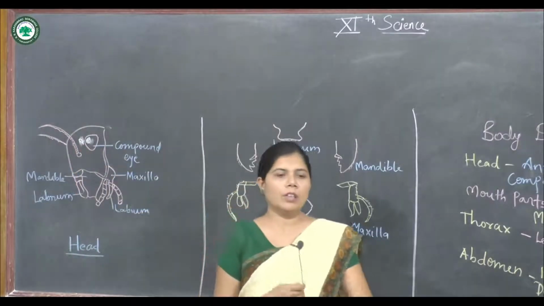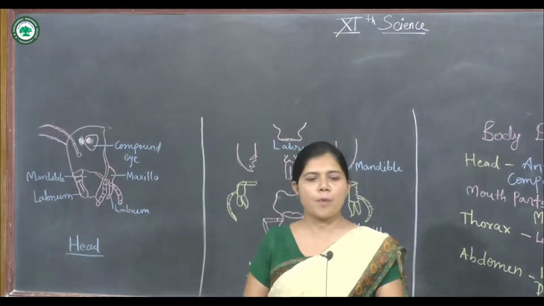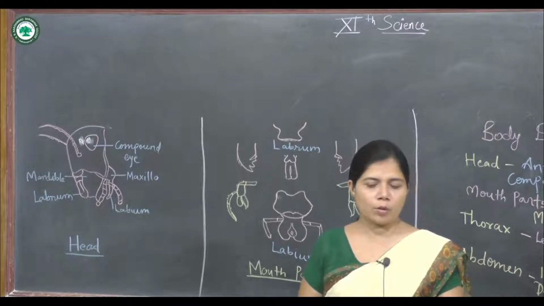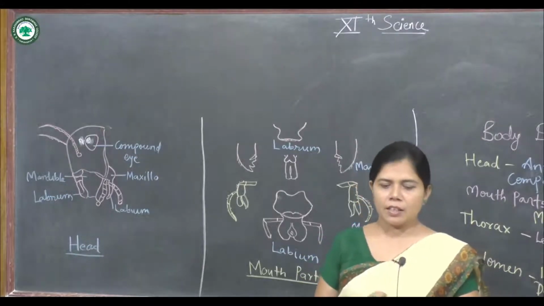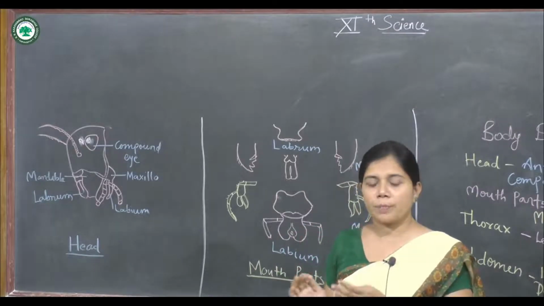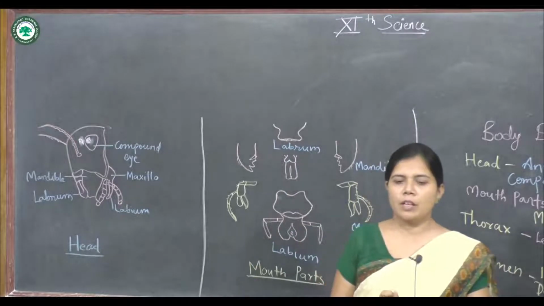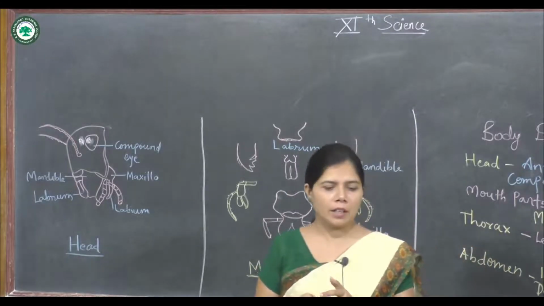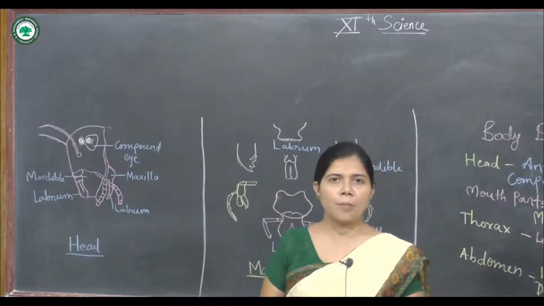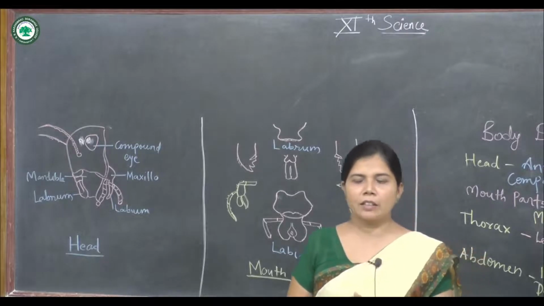Next to the ocular spots or fenestrae, there is a pair of compound eyes present on the head of the cockroach. They are dark, kidney-shaped, paired structures placed on the lateral side of the head, made up of a large number of ommatidia.